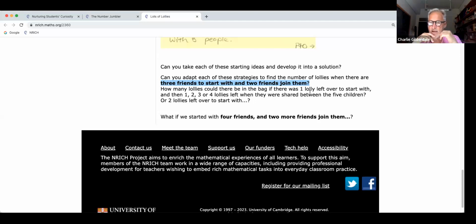That is what I've just put in the chat. Oh yeah, nice. So that offers us a notation. Yes, 1,2 means I had 1 lolly left over to start with, and then I had 2 left over.